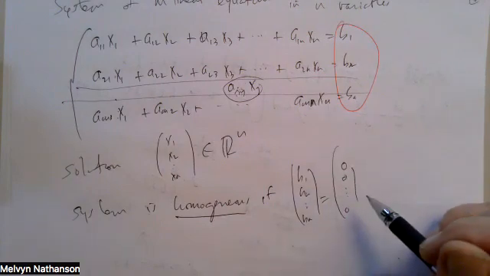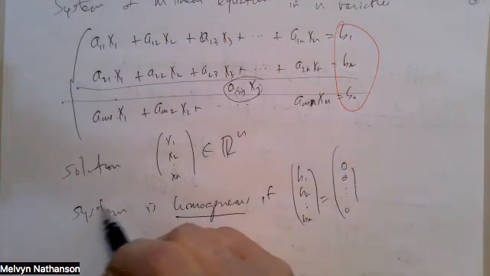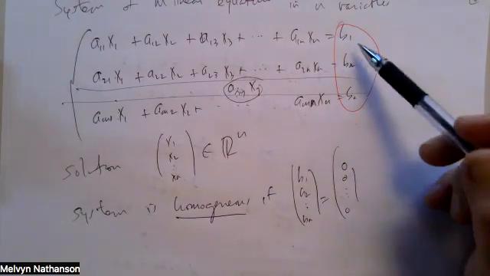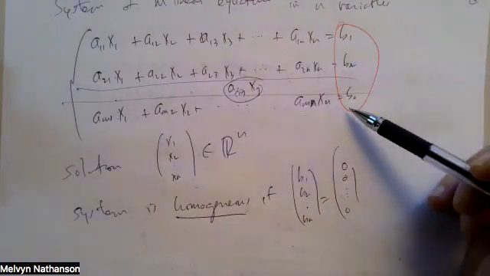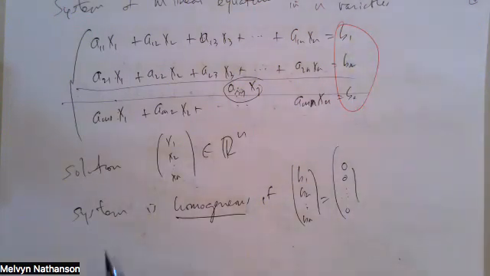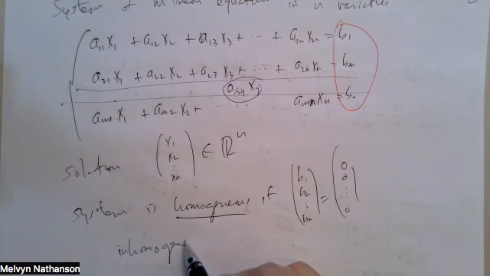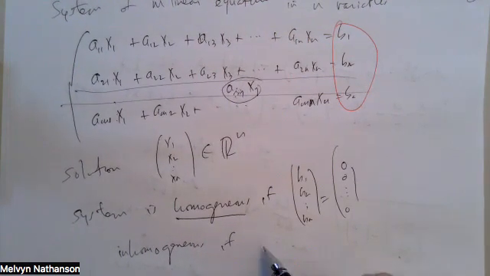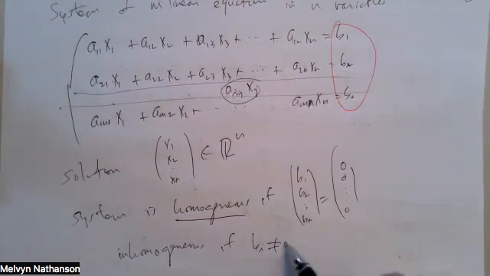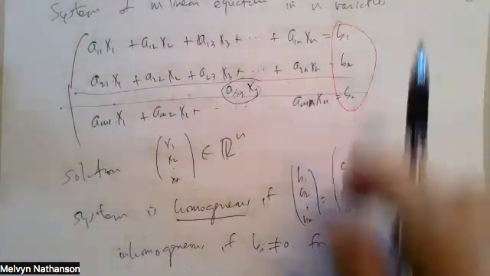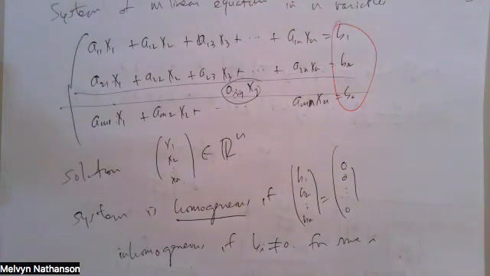The column vector is the zero vector. So the system is homogeneous if every single one of these numbers on the right-hand side is zero, and it's inhomogeneous if at least one of these numbers is non-zero. If any one of those numbers is different from zero, then the system is called inhomogeneous.